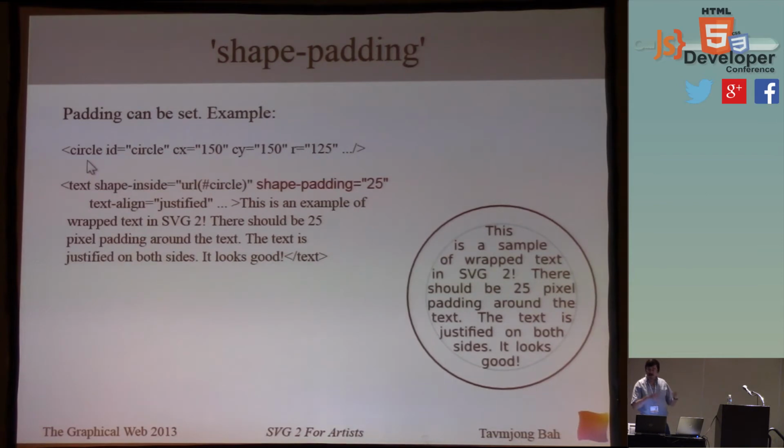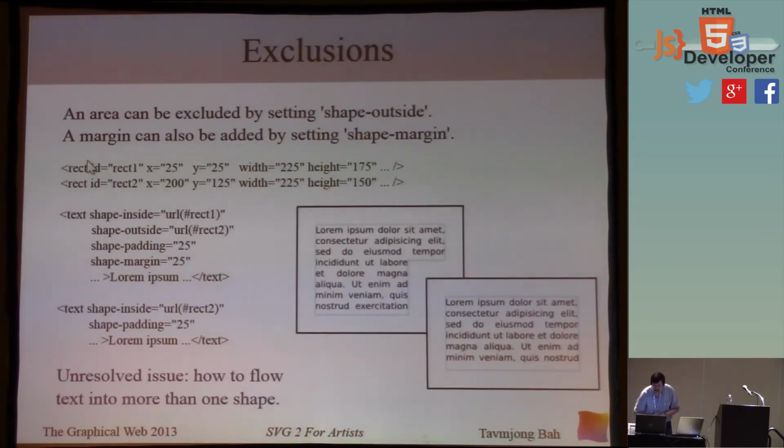Here is one showing text wrapping inside a circle, showing that you can add padding to the shape, and the text will be wrapped inside the area defined by the padding. And you can use shape-outside to exclude a region. And you can have a margin around the shape that you're using for exclusion, so you exclude a little bigger area.